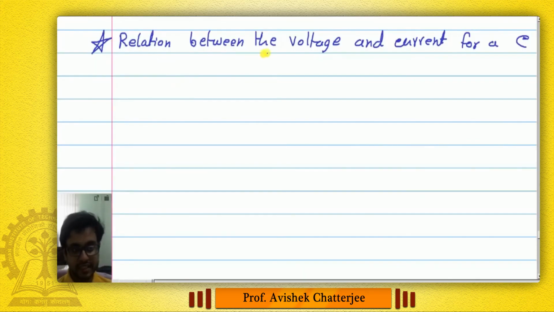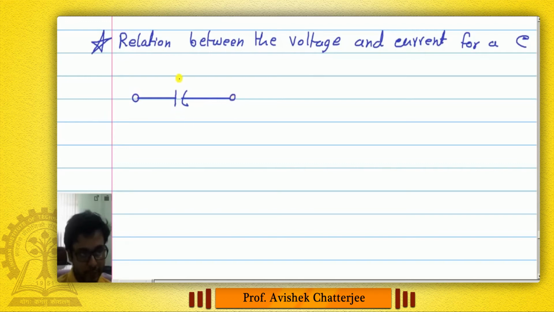Now we shall see the relation between the Laplace transform of voltage and Laplace transform of current for a capacitor C. Suppose we have a capacitor. These are the two terminals.